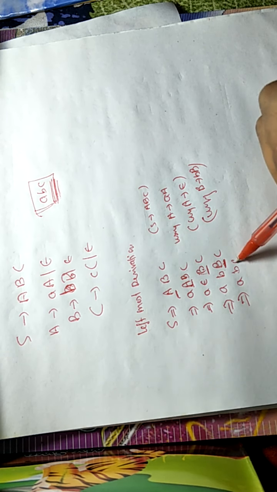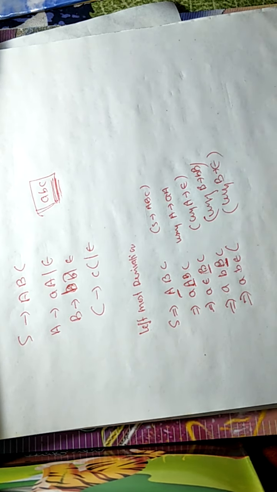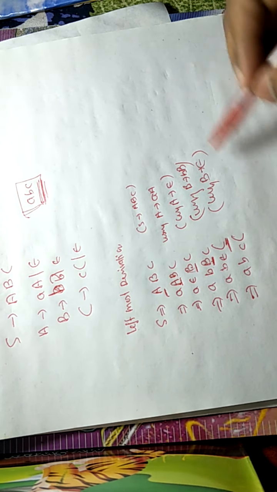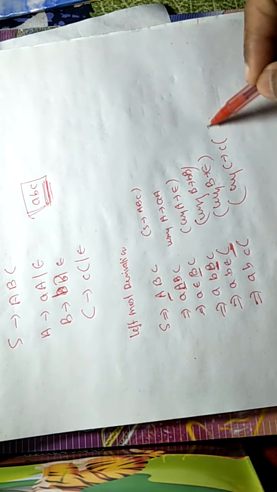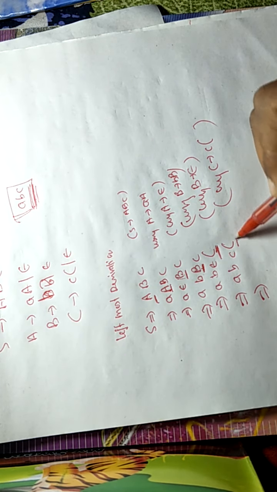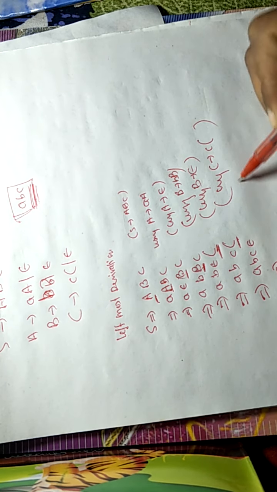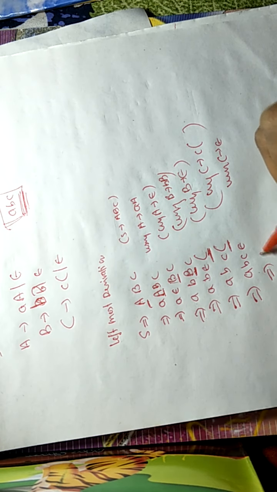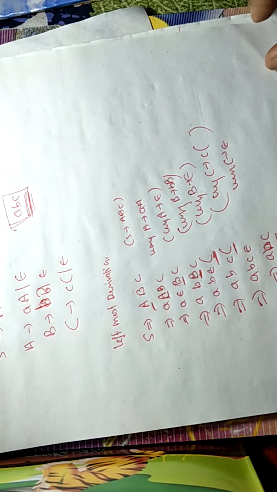I will replace it by epsilon using B tends to epsilon. Now this is the leftmost. I am replacing it by CC using production C tends to CC. Now this is the leftmost. I am replacing it by epsilon, using C tends to epsilon. So I have derived the given string ABC.